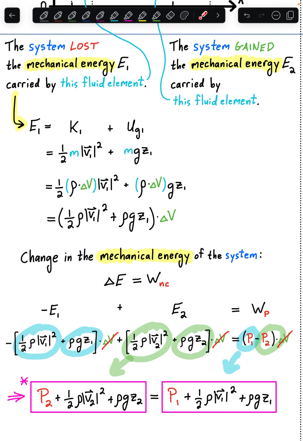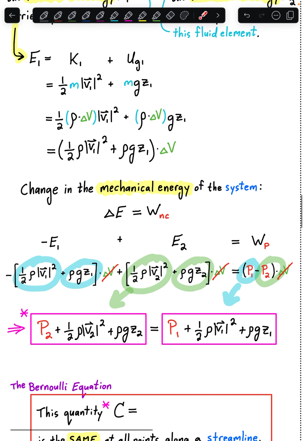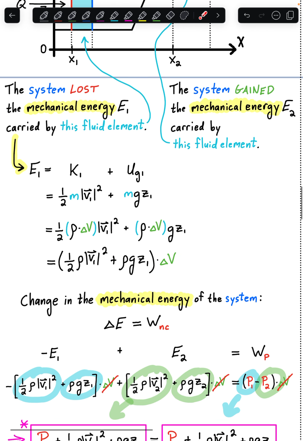And so our conservation of energy equation has been rearranged to show that the sum of pressure plus kinetic energy density plus gravitational potential energy density at one moment is equal to that same sum at the other moment. And since those two moments aren't special, this should apply for any two moments anywhere along some streamline.